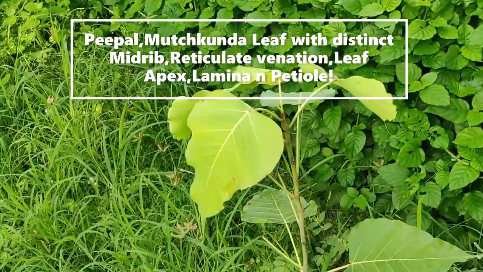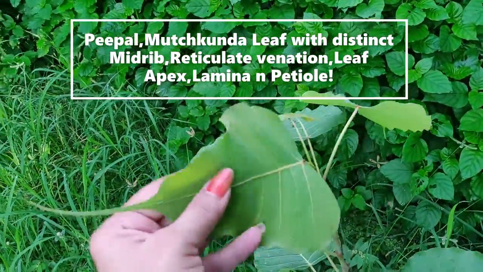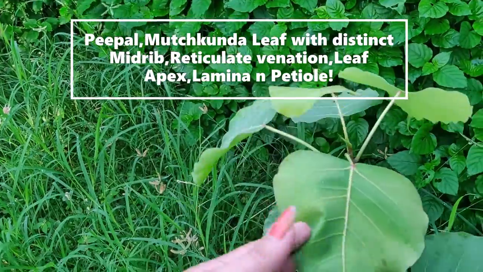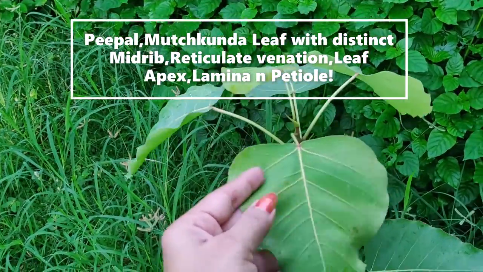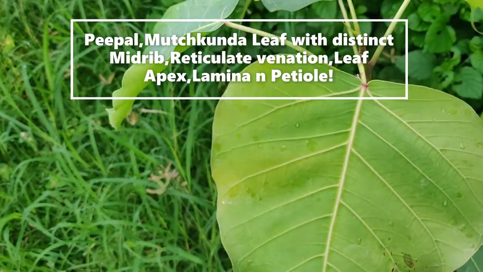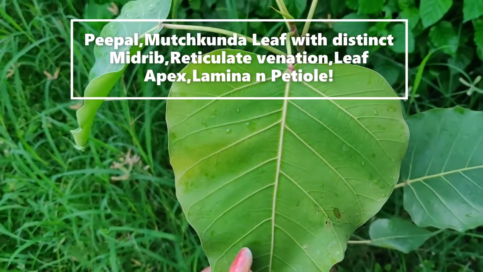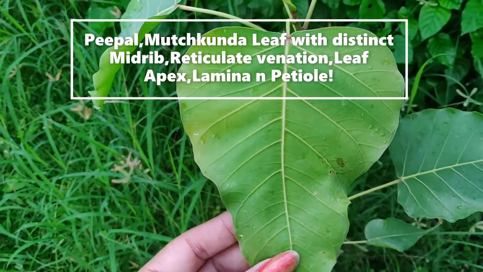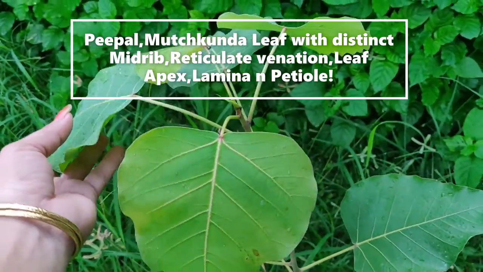Let's see these peepal leaves. How is the venation of these leaves in this small peepal plant? You see the midrib is very clear, and these are the veins which are going on both the sides, and there is a net-like pattern which is very clearly visible. If the plant leaf gets dried up, then you can clearly see the pattern.